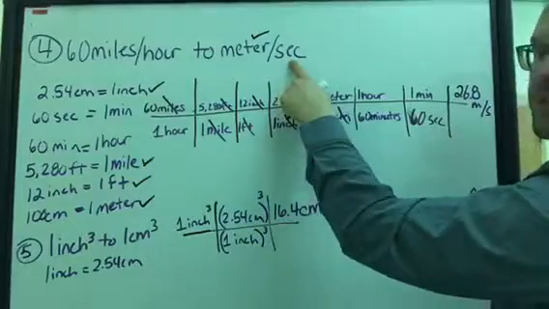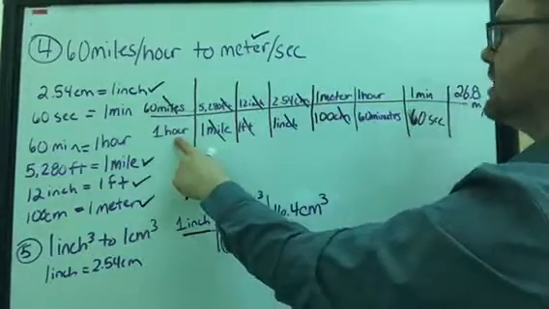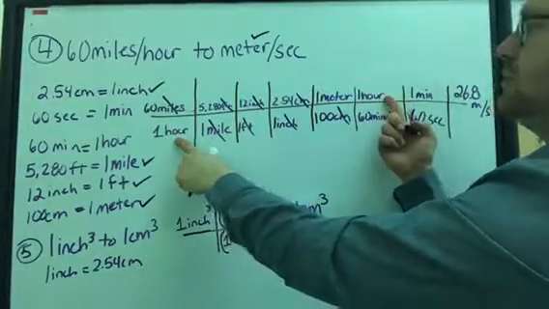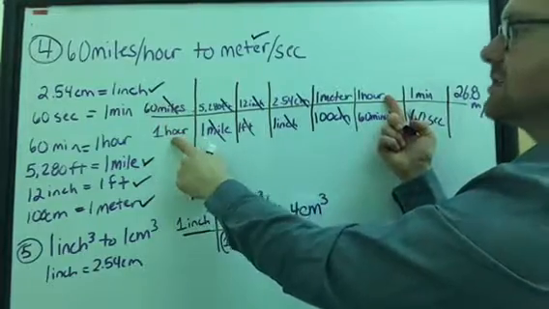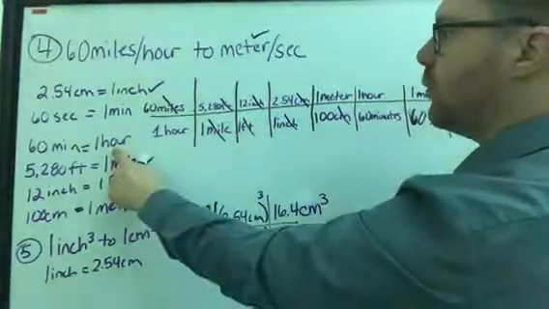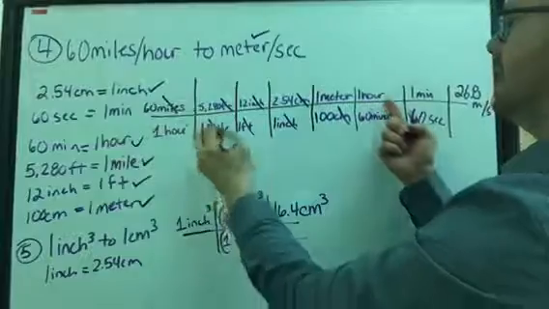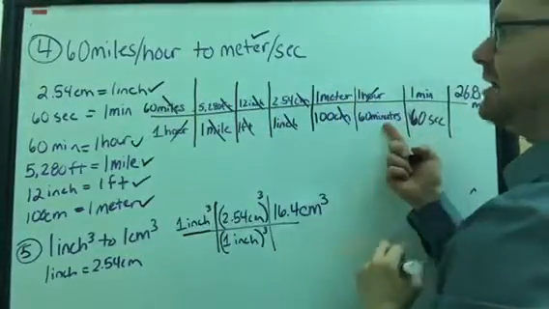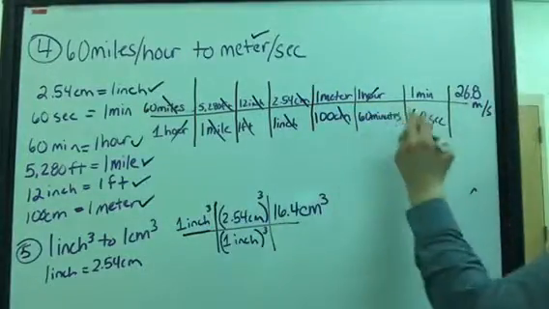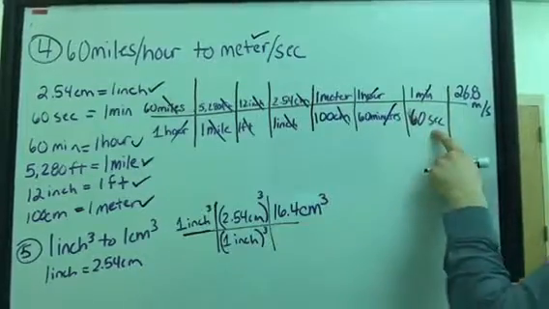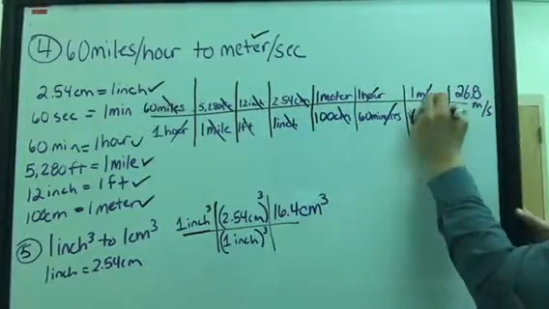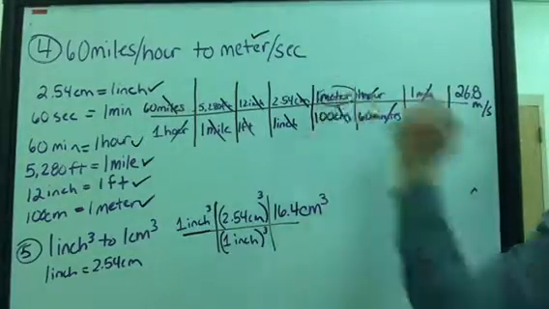But now I have to figure out seconds, and I'm in hours. So hours is going to have to go in the numerator so they cancel, because this hours is in the denominator. So I know that 1 hour is 60 minutes. I have that here. And last, I know that for every 1 minute, there's 60 seconds. I should end up with seconds in the denominator, meters in the numerator.